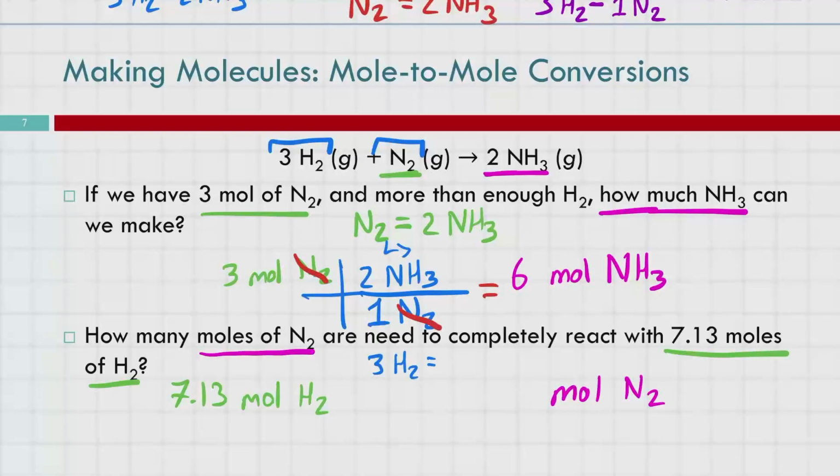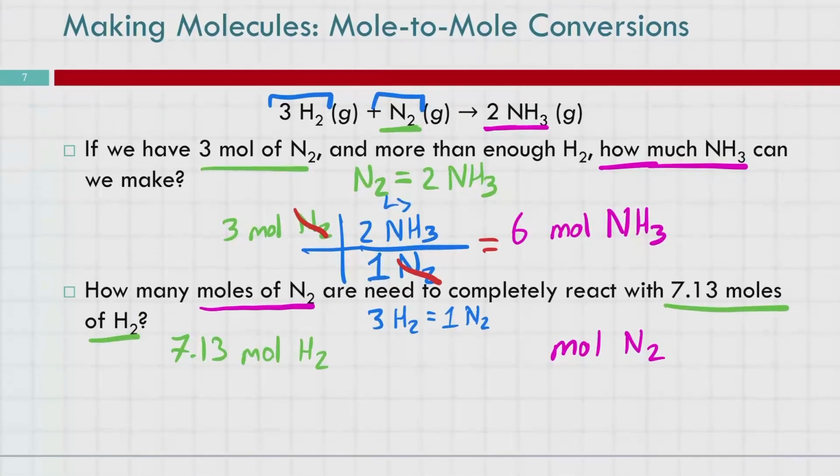3 H2 reacts with 1 N2. And since we have H2 and we're trying to go to N2, just like converting units, we want the N2 on top and the H2 on the bottom.